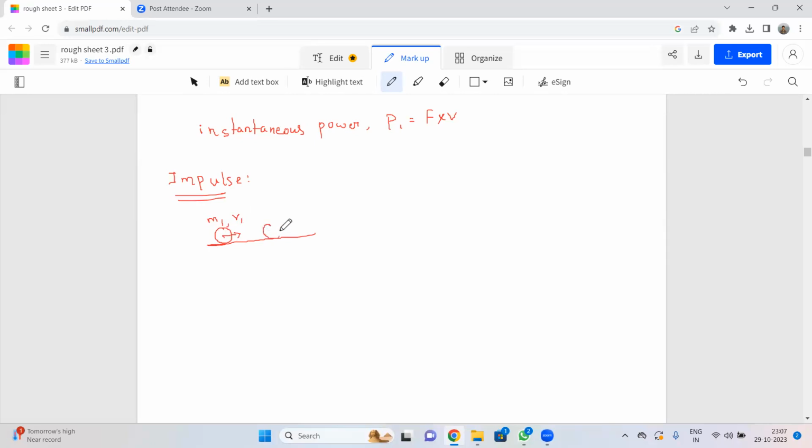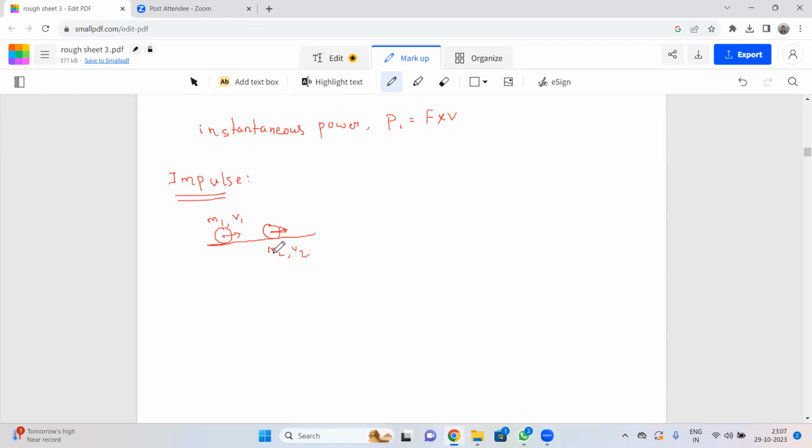Here you have one more ball with mass m2, and suppose it is going with velocity v2 in this positive direction.